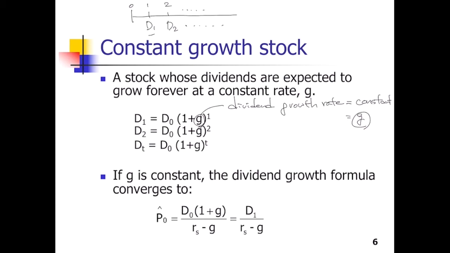So D1 can be interpreted as D0 multiplied by 1 plus g. So we can write down, D1 is D0 multiplied by 1 plus g. What is D0? D0 means the dividend at the current time. But as you can see, we cannot see D0 in the timeline.